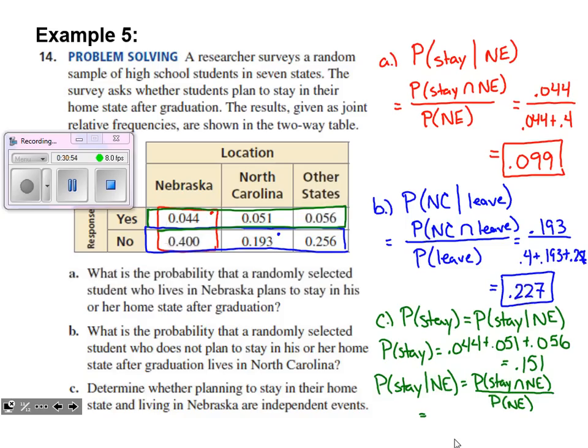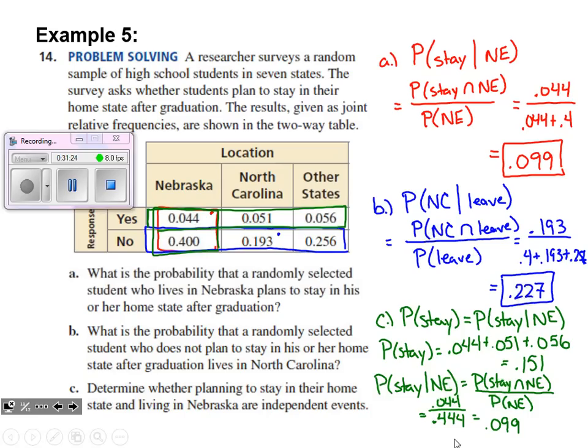Stay and be in Nebraska, that's 0.044, over the probability of being in Nebraska, that's 0.444, which we found in part A is 0.099.